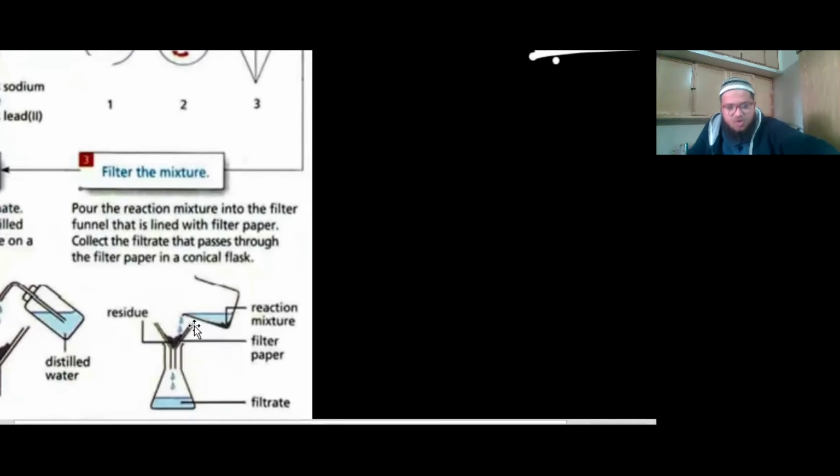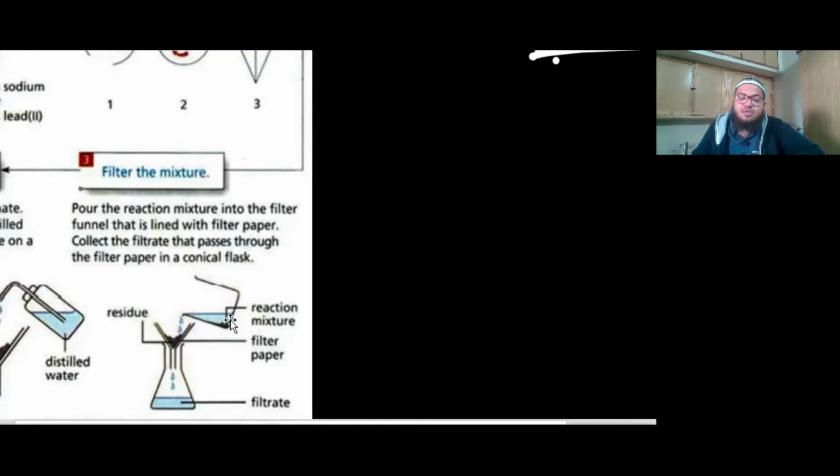In this third step, you take the mixture which contains the lead sulfate precipitate and the sodium nitrate solution, basically the suspension. You pour it onto the filter paper, which is lining this filter funnel. This Y-shaped apparatus is called a funnel, a glass funnel basically. And in the glass funnel, you line the glass funnel with a filter paper.